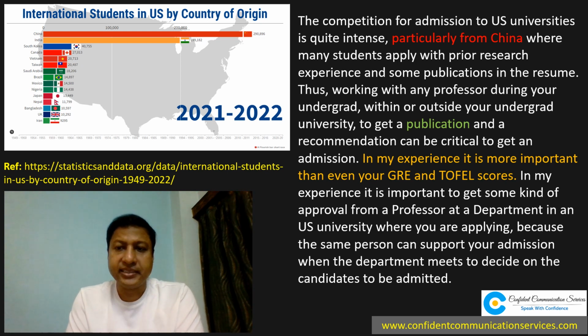In my experience, it is more important than even your GRE and TOEFL scores. In my experience, it is important to get some kind of approval from the professor of a department in a US university where you are applying, because the same person can support your admission when the department meets to decide on the candidate to be admitted.